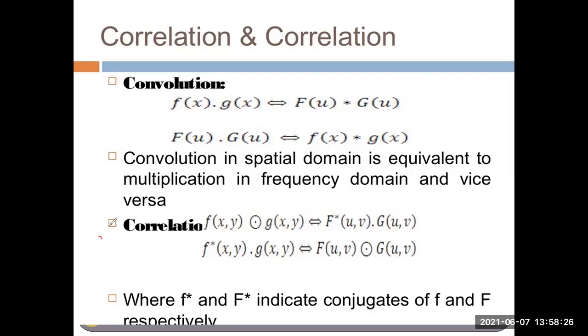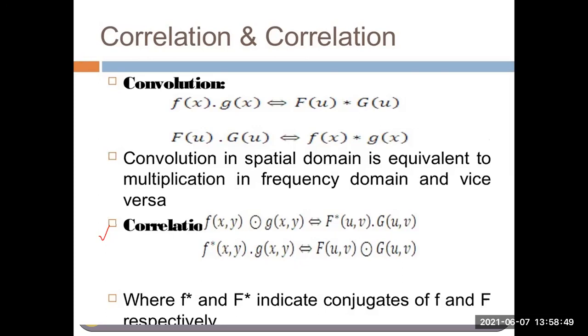The next property is called the correlation property. The correlation property is basically used to find the similarity between two images, or basically two signals. Whenever I want to find the relation between these two signals, I will use the correlation property.